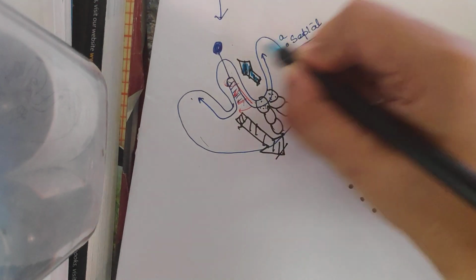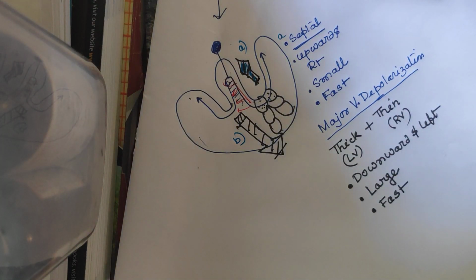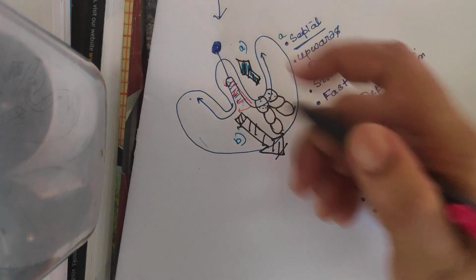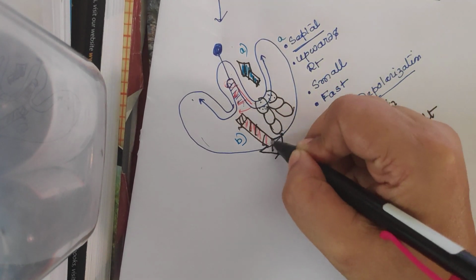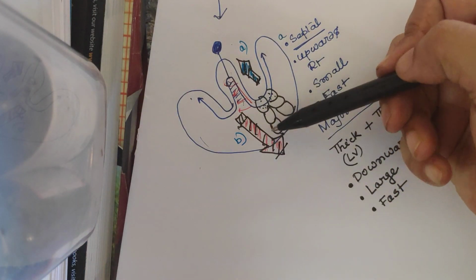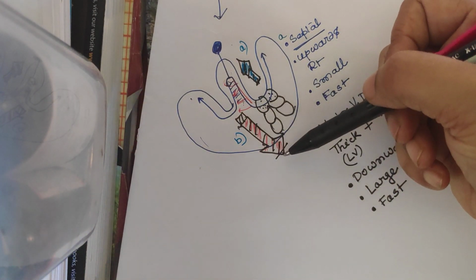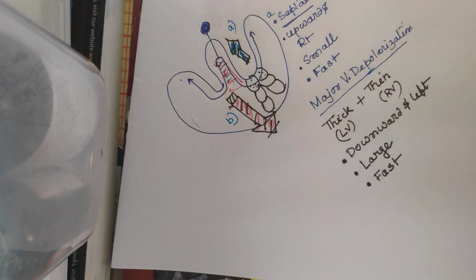So it is A. B is the ventricular depolarization. Here the direction is downward and to the left, and it has a large vector and it is very fast.